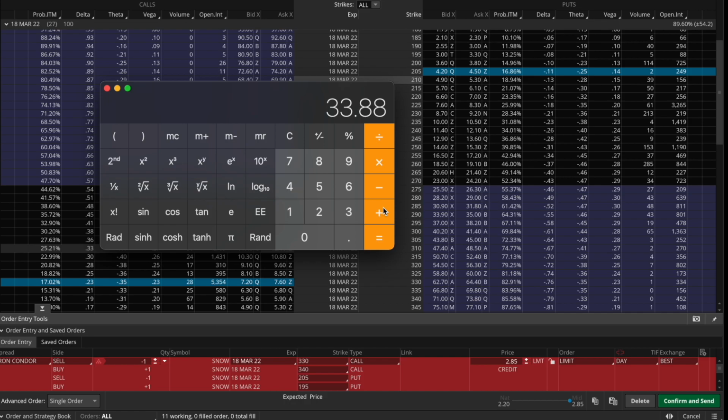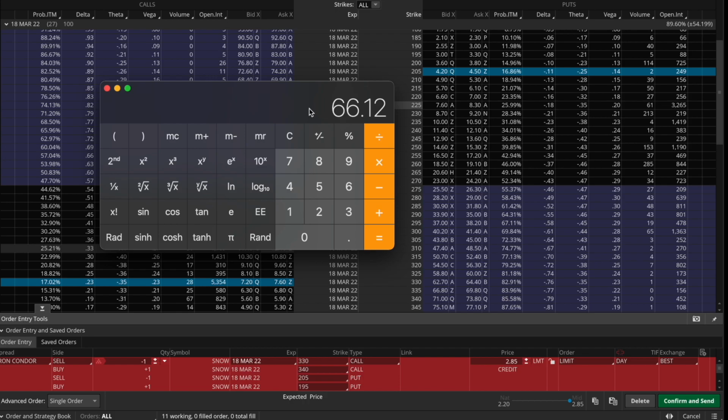So now this means there's about a 33.88% chance that by the expiration date, SNO stock will be beyond this range here. And therefore, finally, if we take the inverse of this probability by subtracting it from 100, so 100 minus 33.88 equals 66.12. And that means there's a 66% chance that SNO by the expiration date will stay somewhere in between this range. And like I said, this is very close to 68%, which is also referred to as 1 standard deviation.